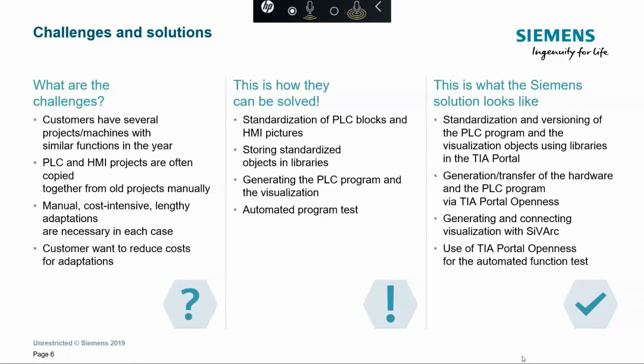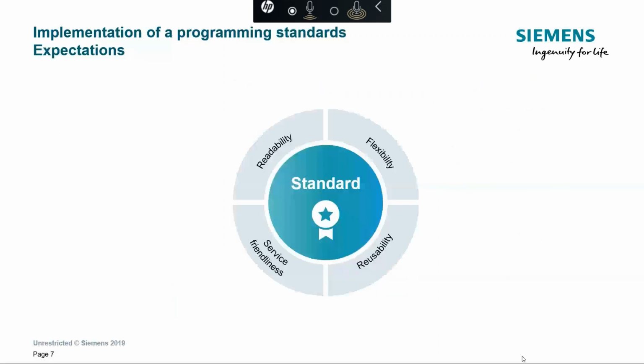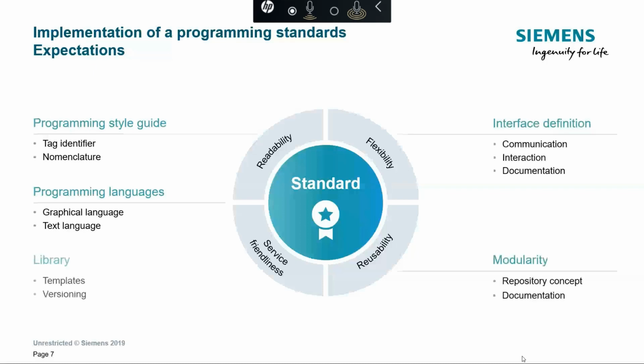In all these aspects, one of the very basic requirements, speaking from the automation, PLC or HMI engineering perspective, is the implementation of some programming standards. From within your company, as an end user or as an OEM, you can decide that any development we do will go through the following standards, which will really help you.